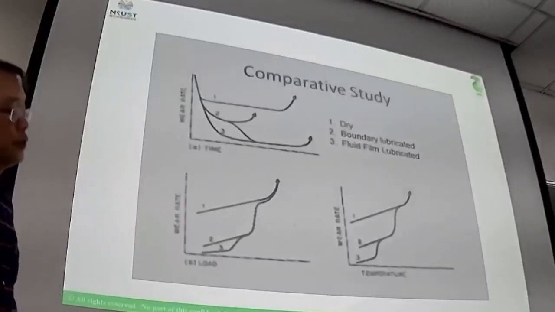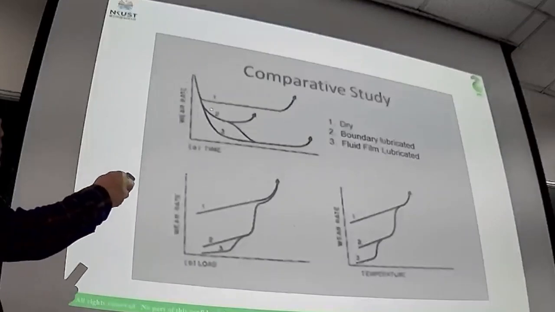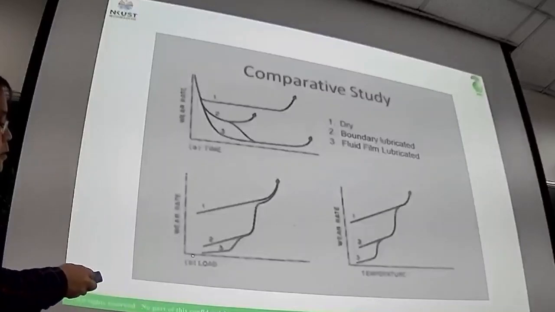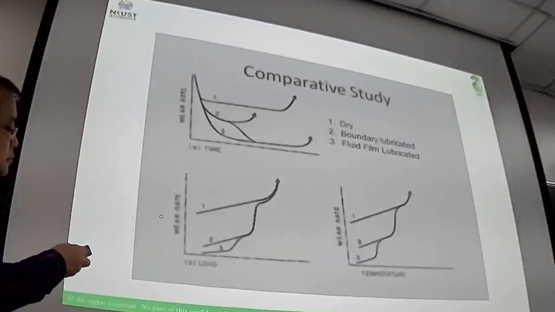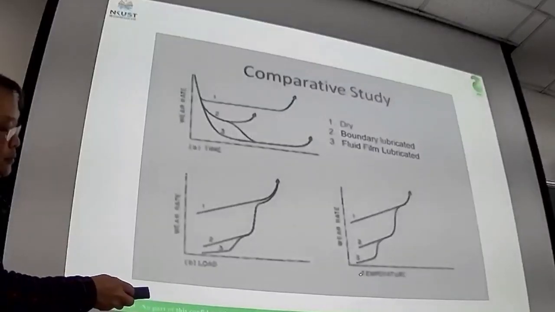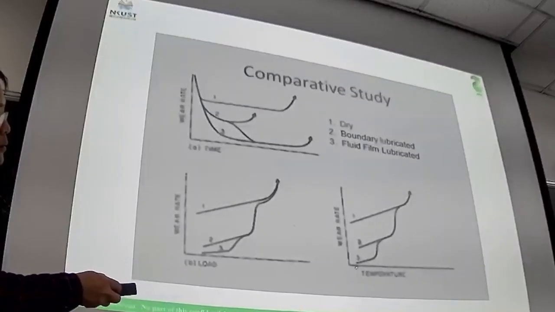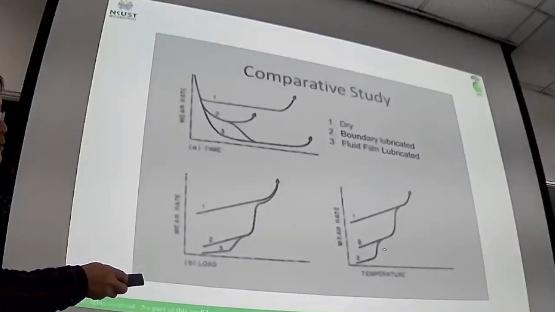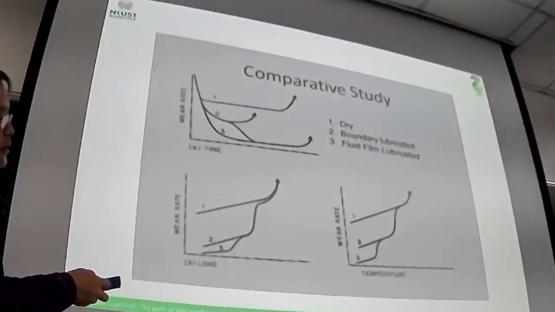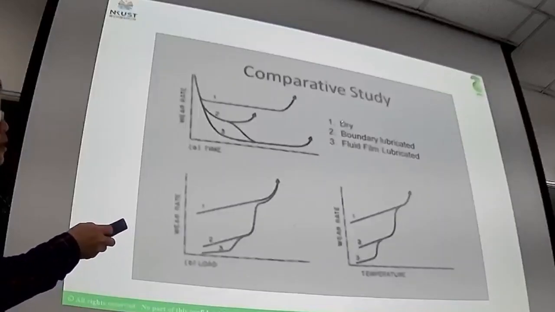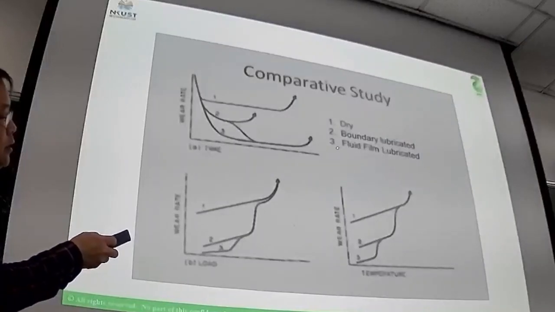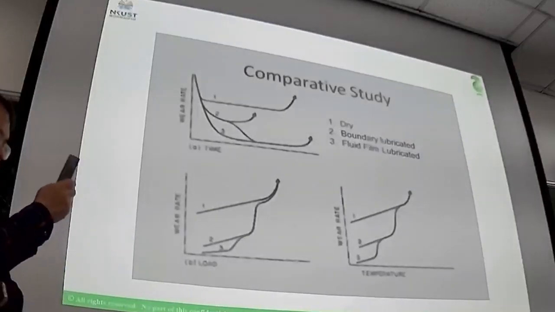You get this kind of curve for the service time versus wear rate, or the vertical loading versus wear rate, or even the temperature of the lubricant versus the wear rate. You get this experimental result with different lubrication conditions. The first one is dry friction, the second one is boundary lubrication, the third one is full film lubrication, or we call it thick film lubrication.